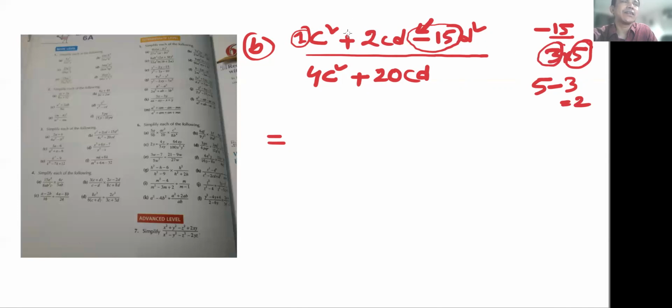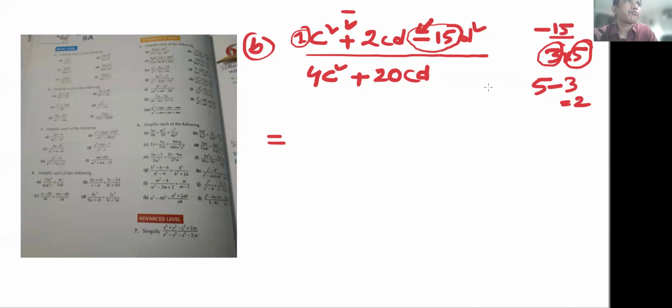If plus is there, then the biggest one will take the plus sign and the smallest one will take the minus sign. If minus is there, the biggest one will take the minus sign and the smallest one will take the plus sign.